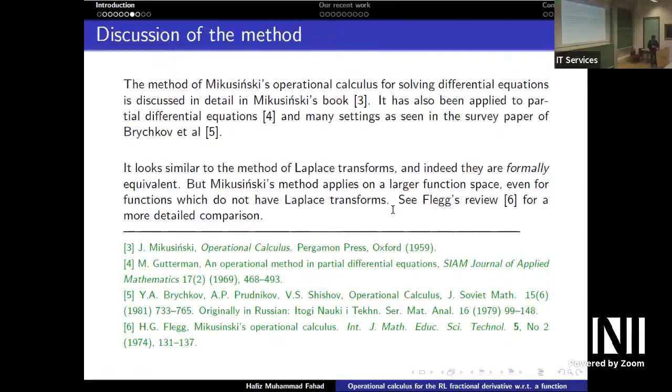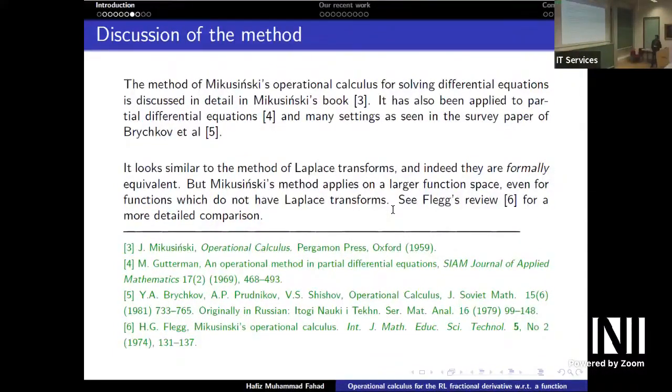Mikusiński's operational calculus approach looks very similar to the method of Laplace transforms, and indeed they are formally equivalent. But Mikusiński's method is superior because it applies on a larger space, even for functions which do not have Laplace transforms, for example, the functions which are not exponentially bounded.